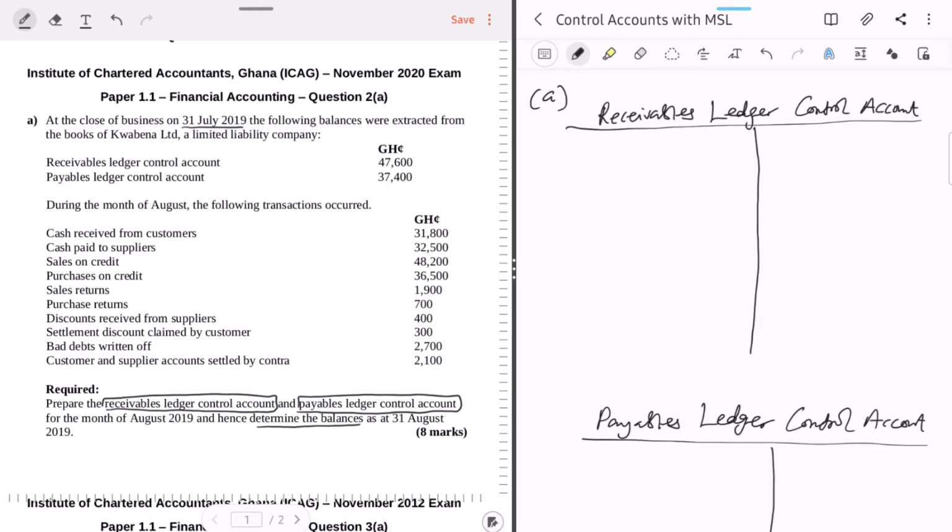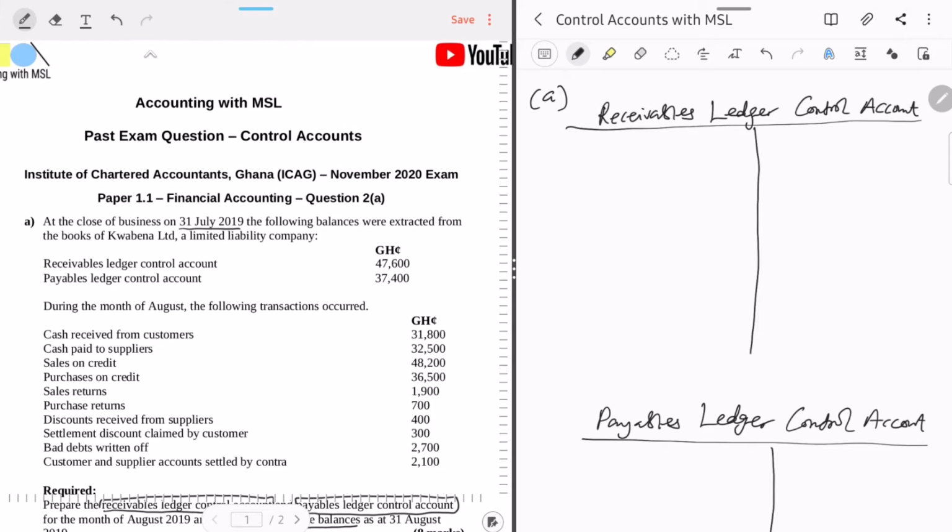The payables ledger is an accumulation of all your payables, all the people you owe, your creditors, as some people call them. So remember that in business, we have three main types of ledgers. We have something like a football team, so you can even use PSG to remember. We have a purchases ledger, a sales ledger, and a general ledger.